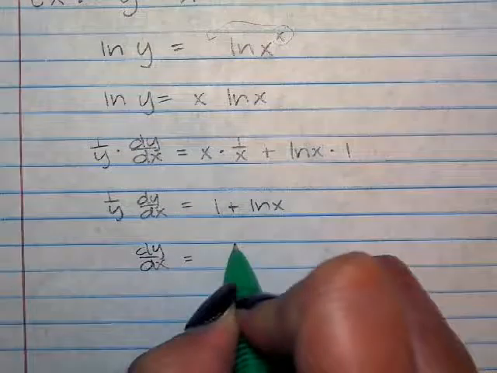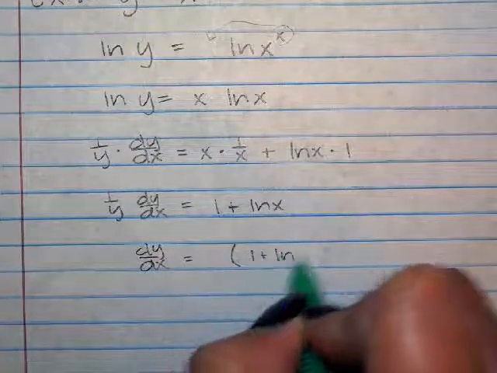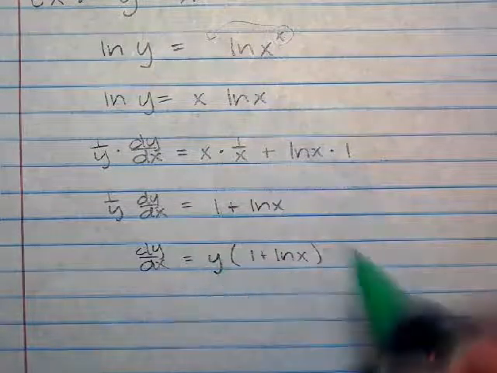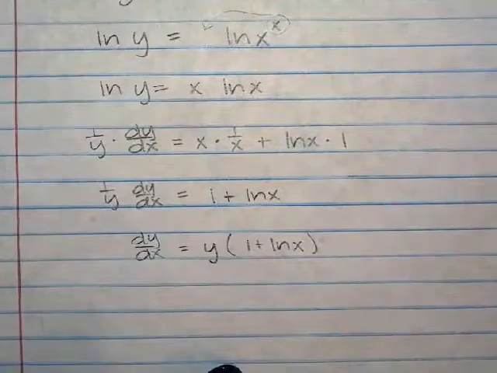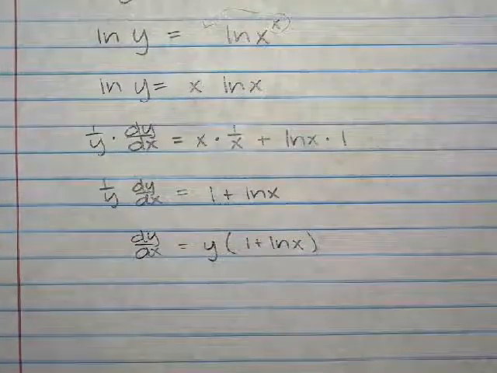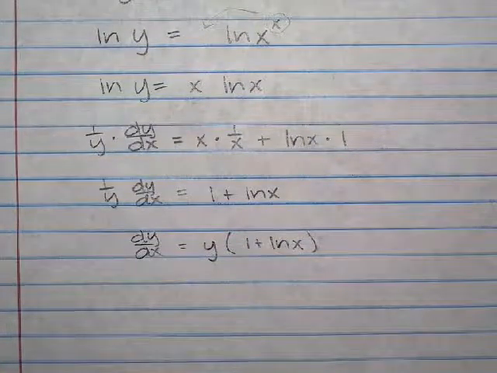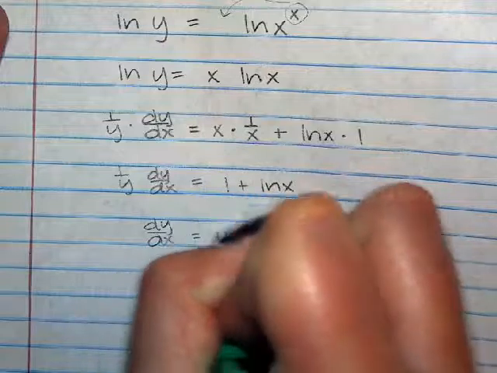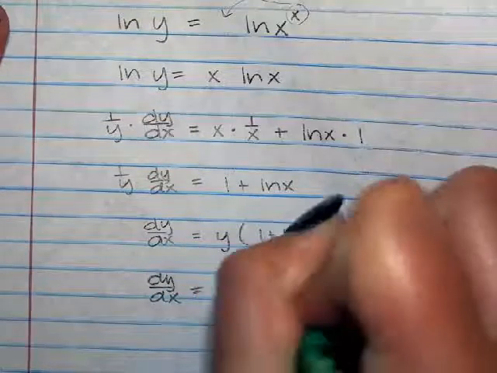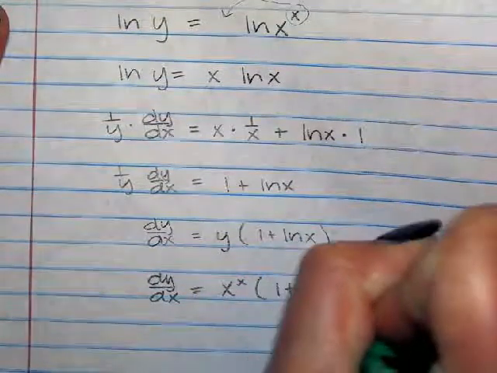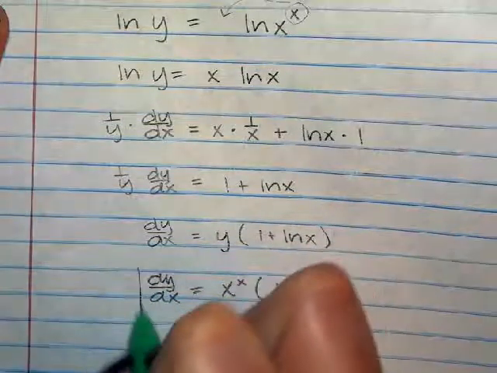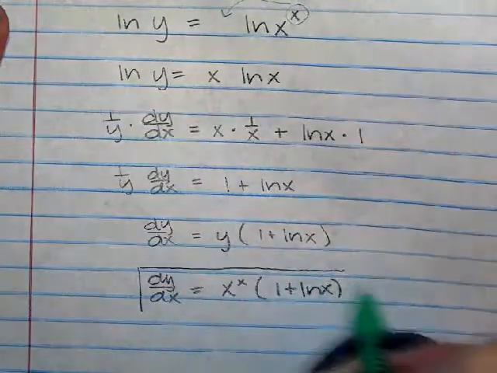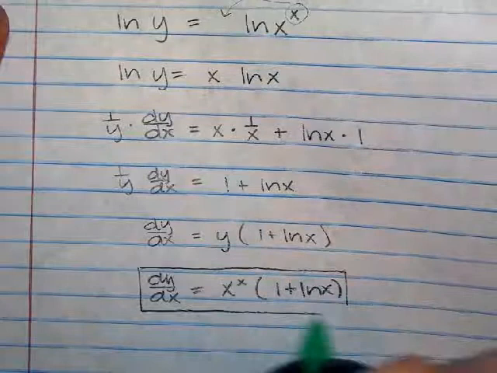Now, somebody tell me, what was y? It was x to the x. So dy dx is x to the x times 1 plus ln x. That's the answer. You can distribute.